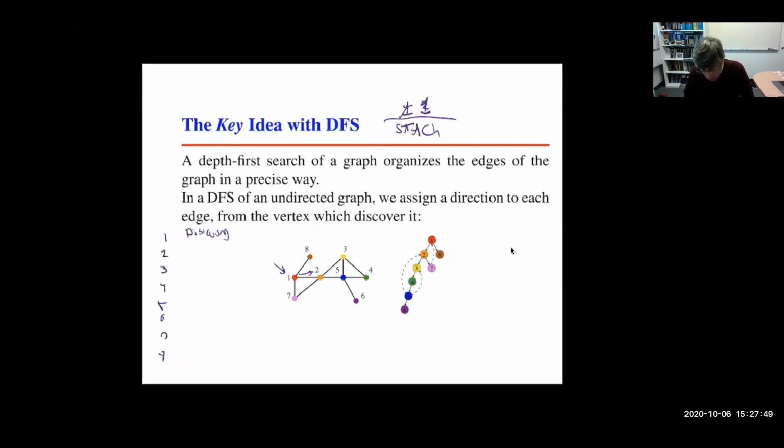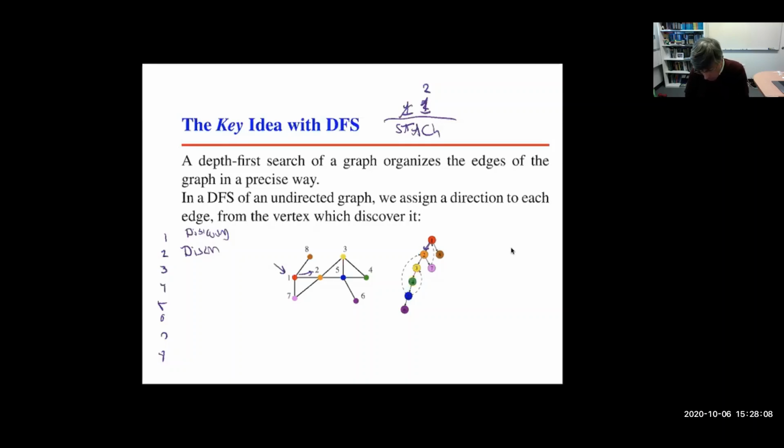I now discover a new vertex. Now I'm going to be in vertex 2. Vertex 2 is discovered. And so I have added this edge to my depth first search tree. Now I'm going to stop where I was on 1 and start working on 2.